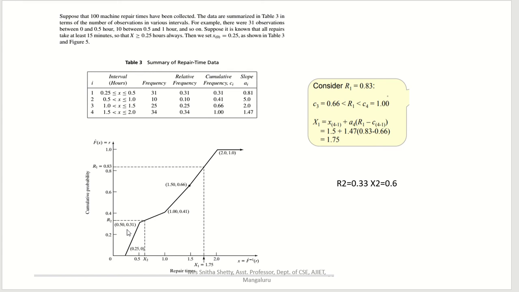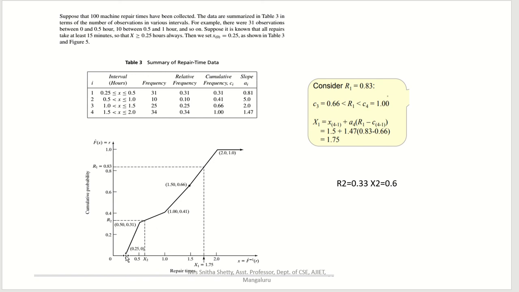So what is your next interval? It is 0.5. 0.5 comma, what is the cumulative one? C1 is 0.31. Next, the second interval is 1.0, and the cumulative frequency is 0.41. So what is next? 1.5 comma 0.66, and finally 2.0 comma 1.0.